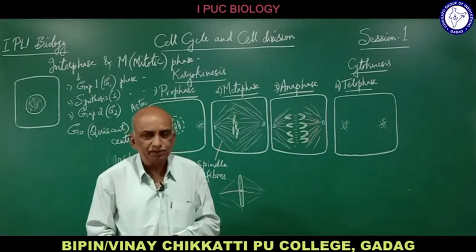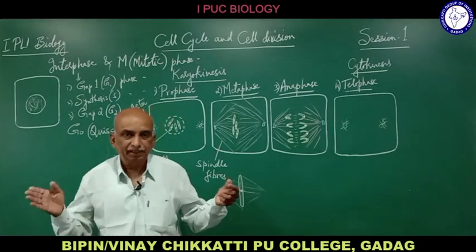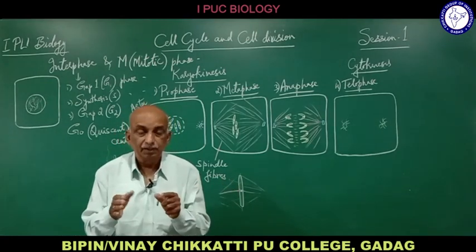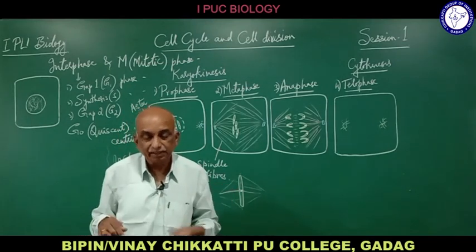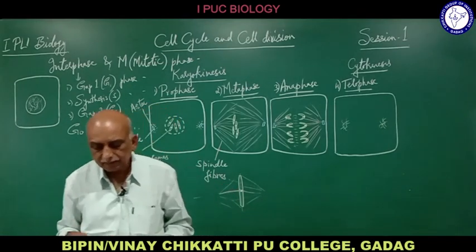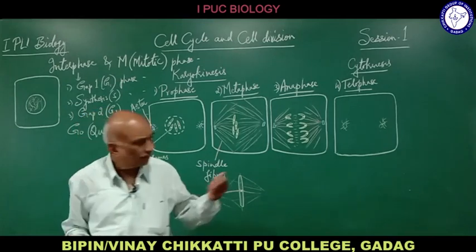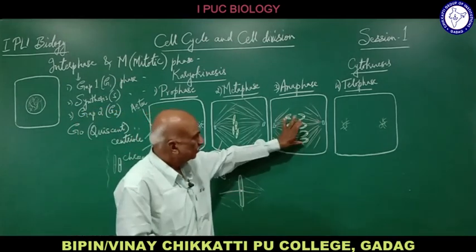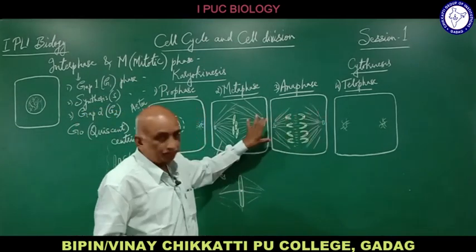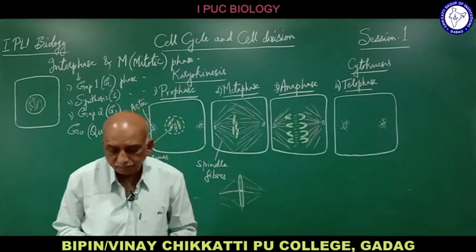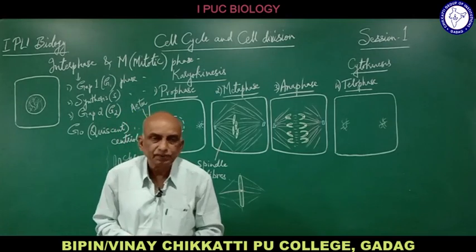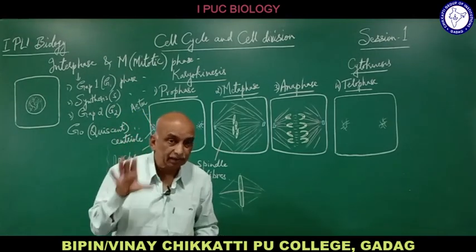Chromatin condenses into chromosomes, and now the chromosomes decondense, which means they stretch out as usual. After reaching their respective poles, the chromosomes decondense and lose their structure as chromosomes.